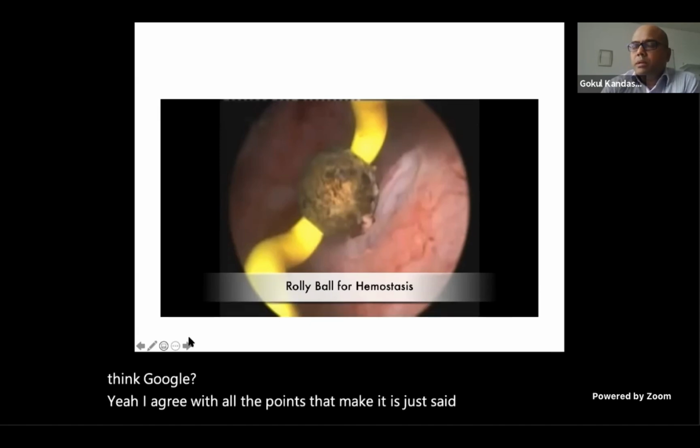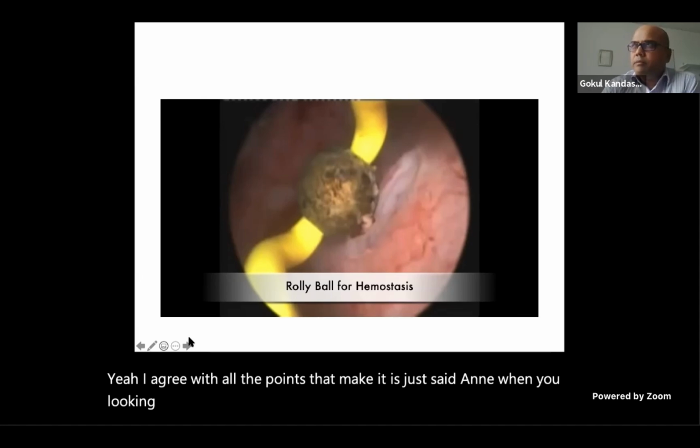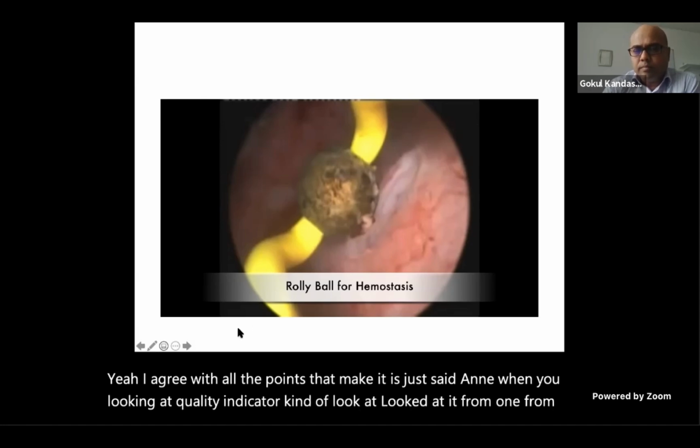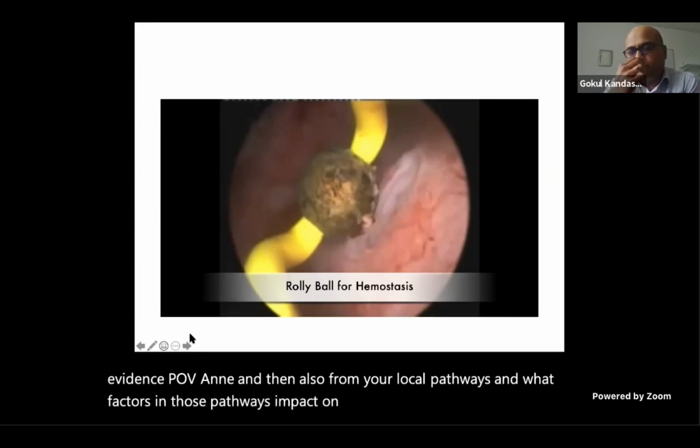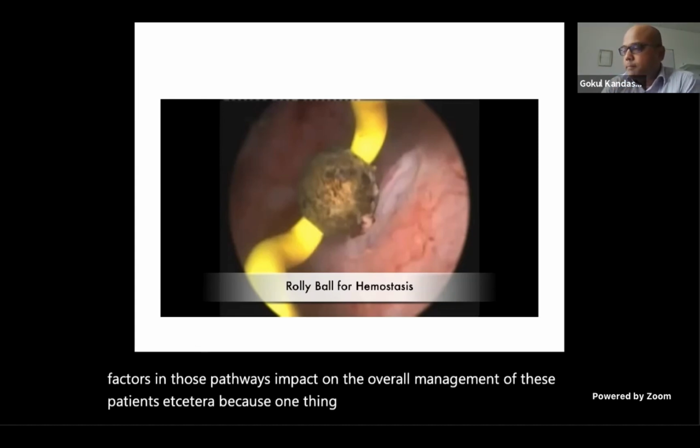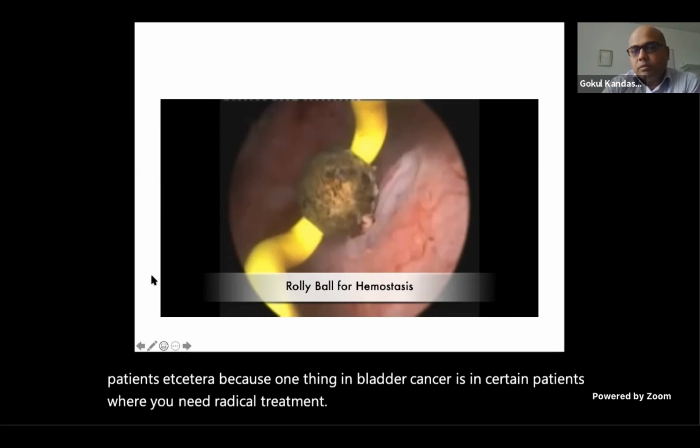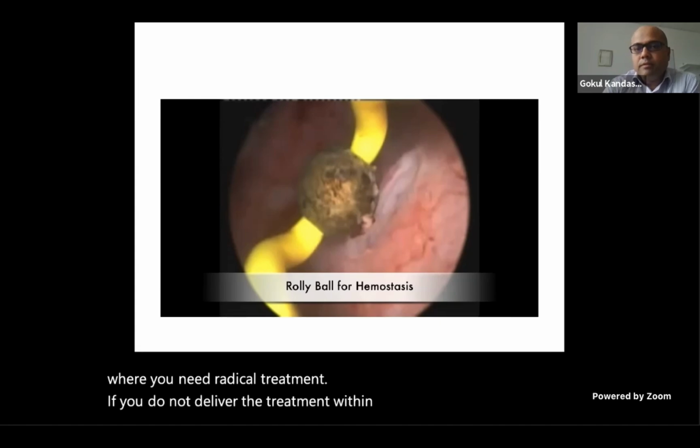When you're looking at a quality indicator, you look at it from the evidence point of view, and also from your local pathways and what factors in those pathways impact on the overall management of these patients. Because one thing we know in bladder cancer is that in certain patients where you need radical treatment, if you do not deliver the treatment within 3 months, that is a significant negative impact. So you really need to be on top of it.